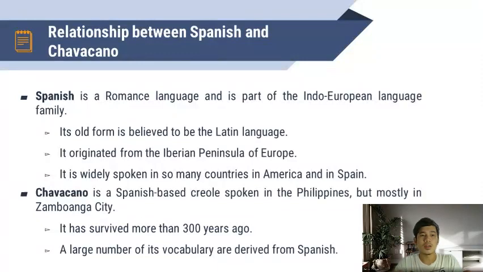So in this case, we call Spanish the superstrate language, which contributed a large number of vocabulary to Chavacano, and we call the local languages such as Tagalog, Iligaynon, Cebuano or Bisaya adstrates. And the grammar of Chavacano is actually influenced by these adstrates, or what we call the local languages.